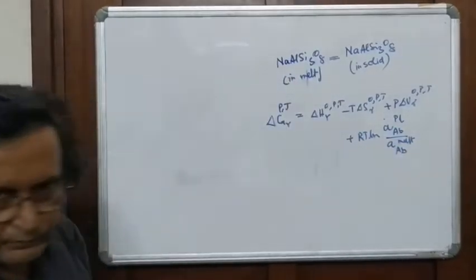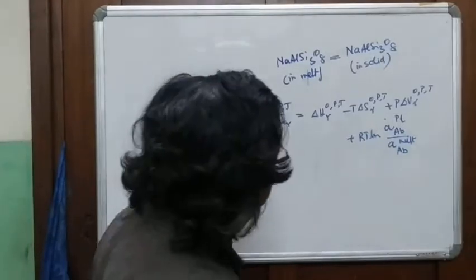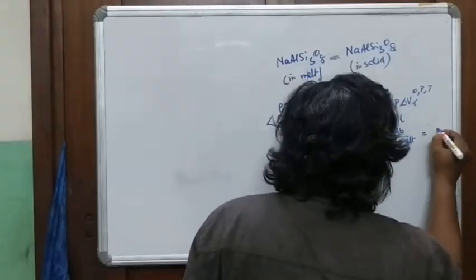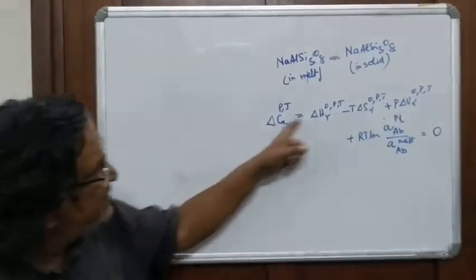That's the expression. And because delta G R at equilibrium is equal to 0, this is the basic equation.